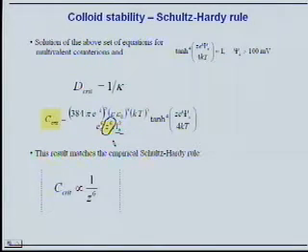Now, it's very difficult to check these parameters, and it's very difficult to check the other dependencies. But it's very easy to check the relation between the concentration when the particles are going to start aggregating and the charge of the counterions. So what you could do is take sodium chloride, calcium chloride, aluminum chloride, and measure the concentration that is required for aggregation of a suspension.